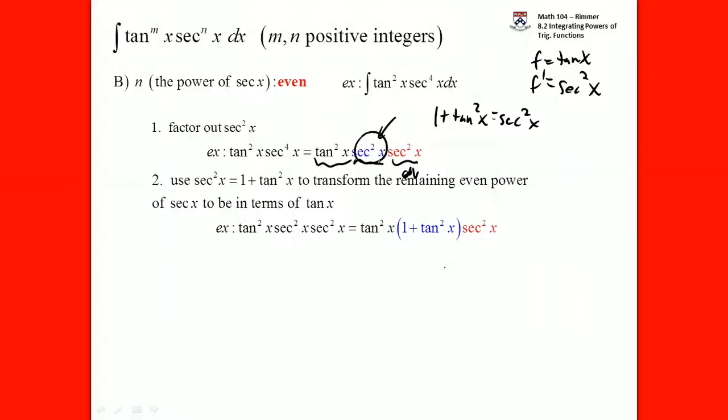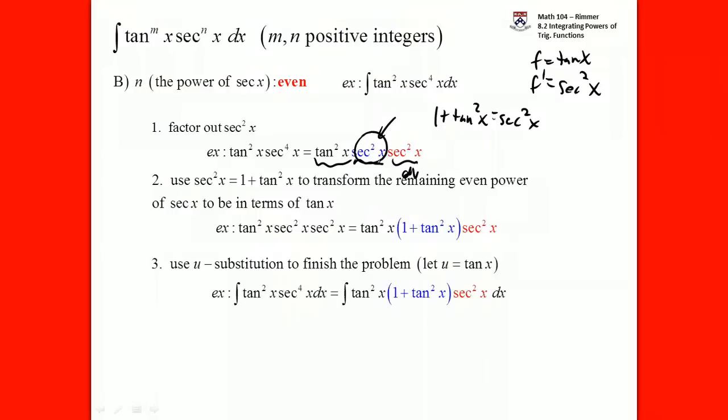We'll do a u sub. Let u be tan. Because this guy is going to become u squared. This guy is going to become 1 plus u squared. I'm happy with that. This guy is du. I can integrate that all day long. Distribute.